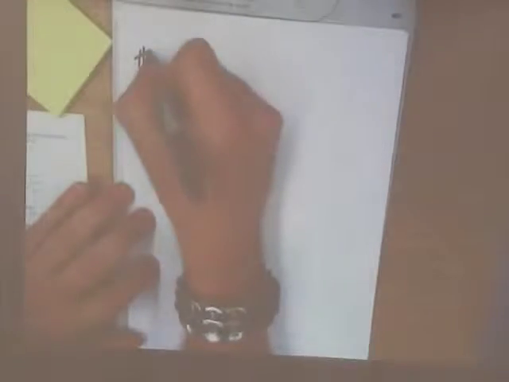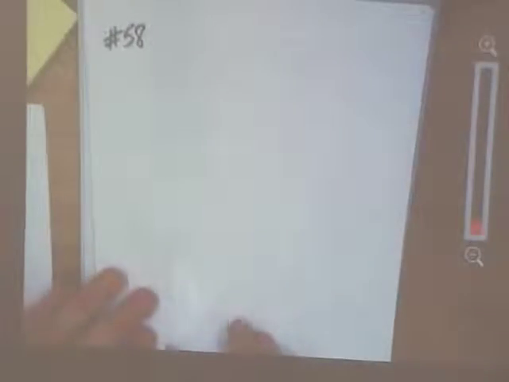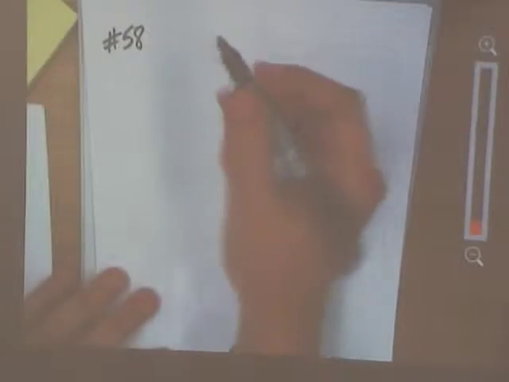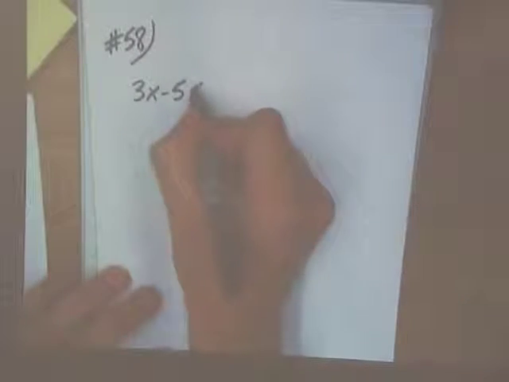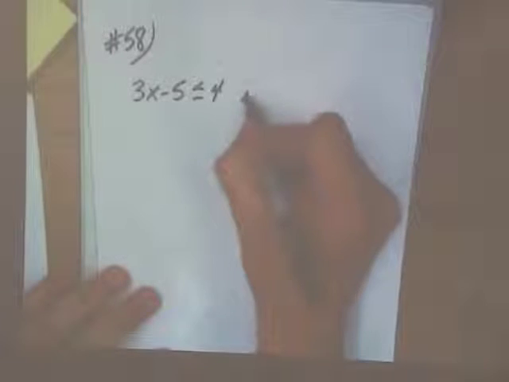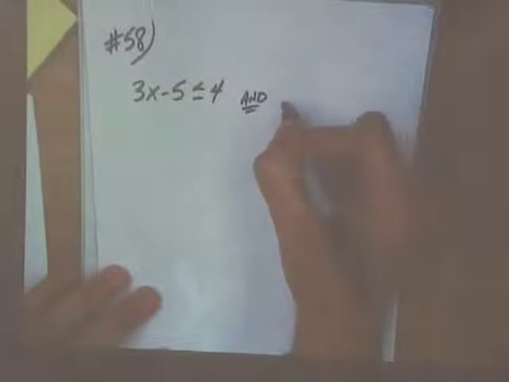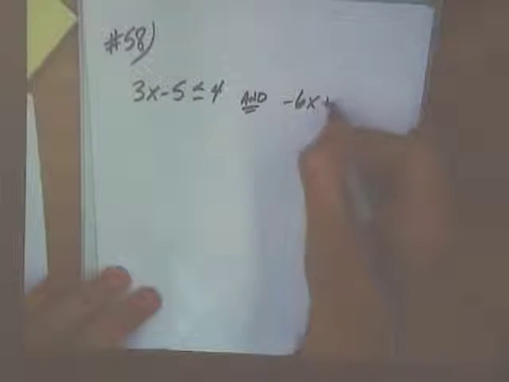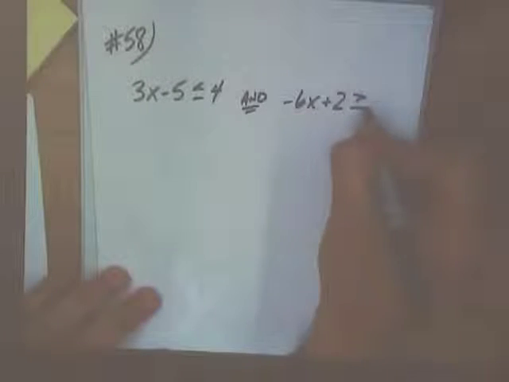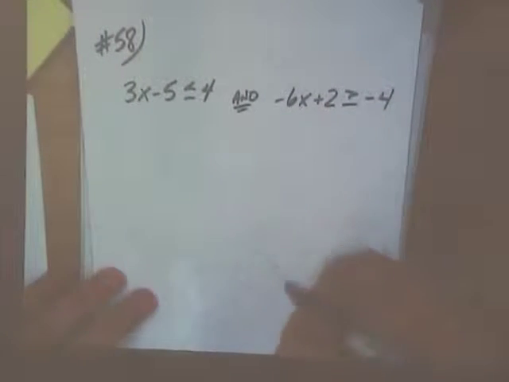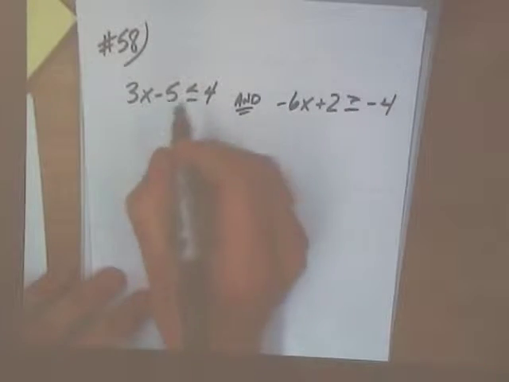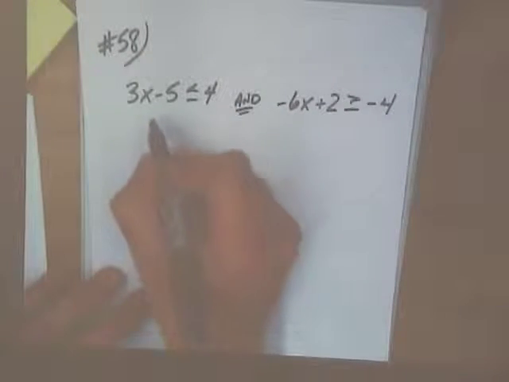Okay, second number 58. All right, so we'll solve these individually, and then give the solution.